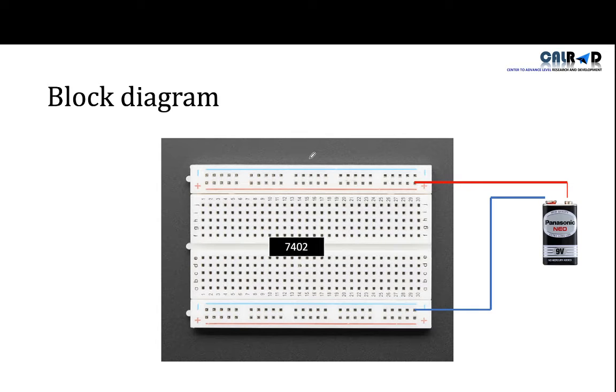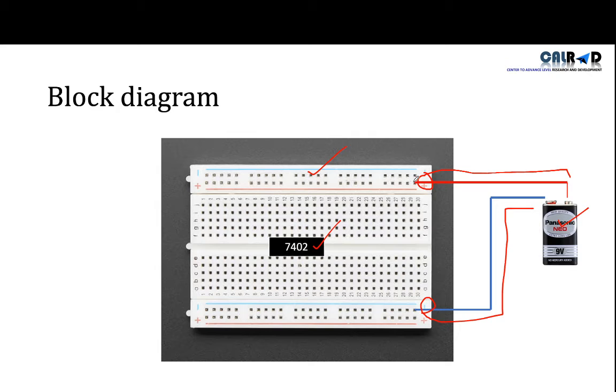First of all, we will take a breadboard, IC, and we will connect our breadboard with the battery. One side of the battery, that is negative, is connected with the negative terminal here on the breadboard, and the positive side is connected with the upper side of the positive.